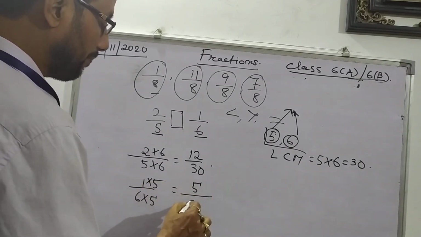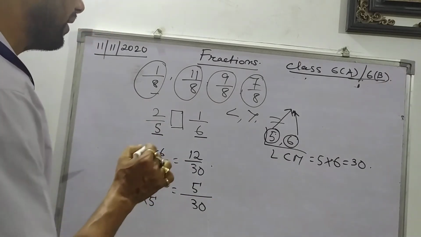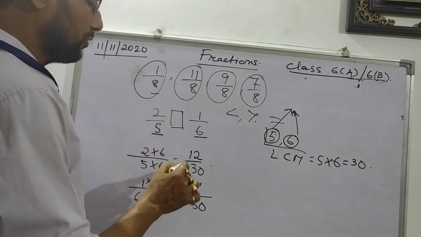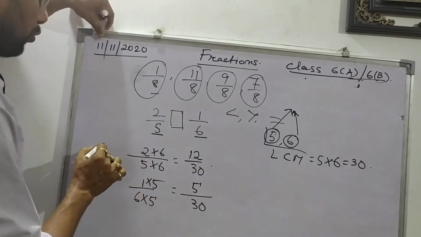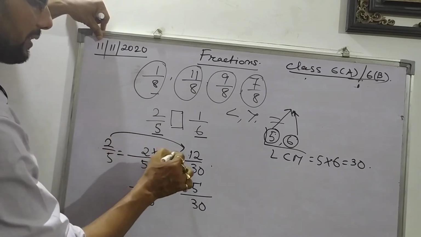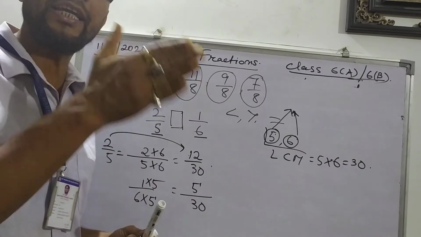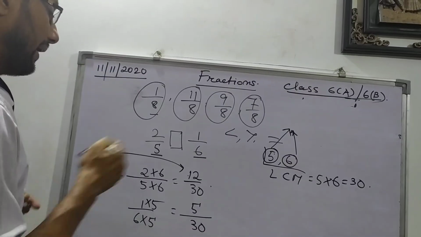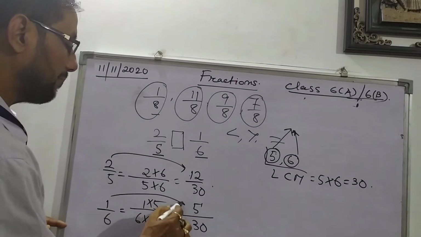Now 5 by 30. Now students, what can we say? Now I got 12 by 30. That means 12 by 30 and 5 by 30. It means 2 by 5 means how much? 12 by 30. That means I am dividing into 30 equal parts and taking 12. Then 1 by 6 means 5 by 30.